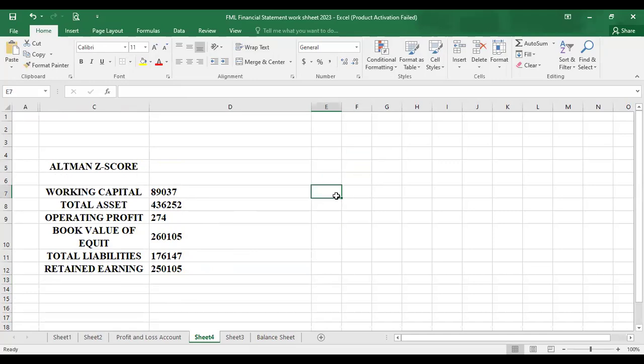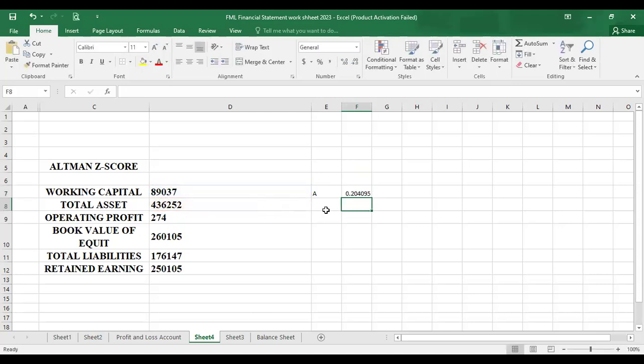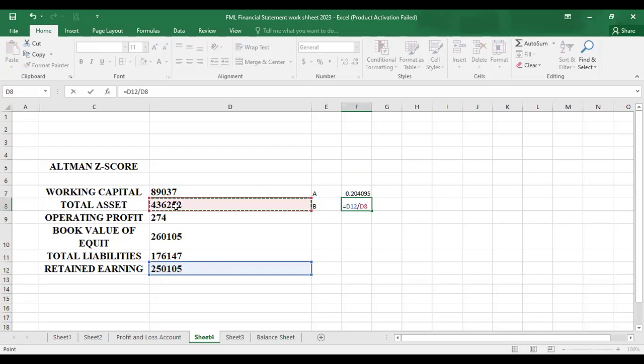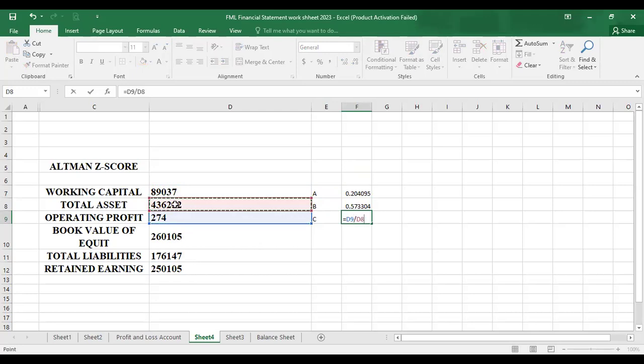The first ratio, which is A, is working capital divided by total assets. The second ratio needed is B, retained earnings divided by total assets. We also need C, which is operating profit divided by total assets.